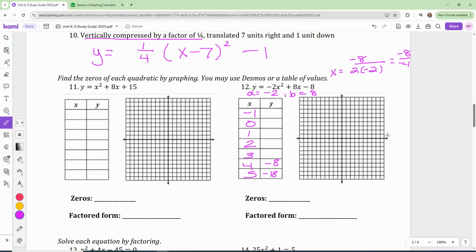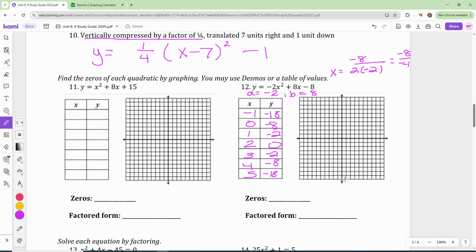Alright, -1, what'd you get? 0, what'd you get? 1, what'd you get? Back row, somebody tell me. 2, what'd you get? 3. Okay. So -1, -18 is off my graph.